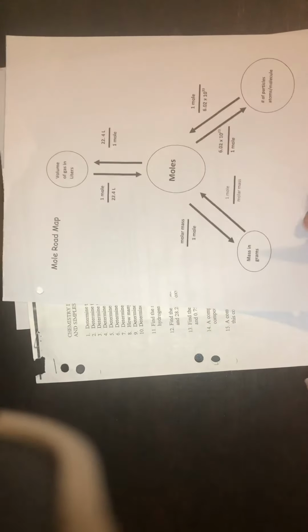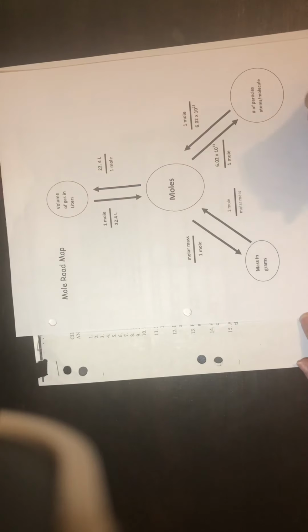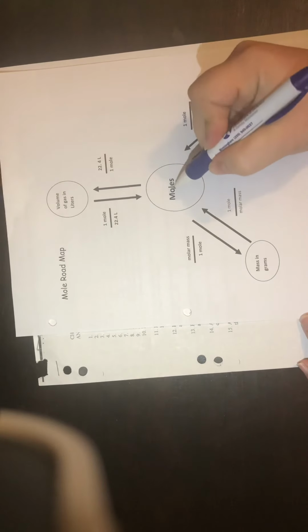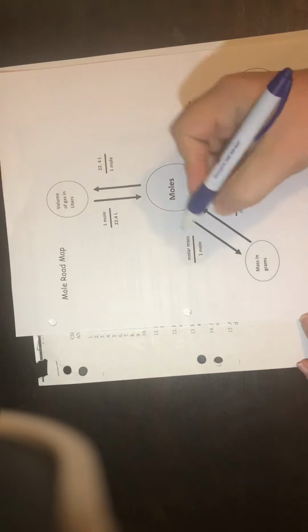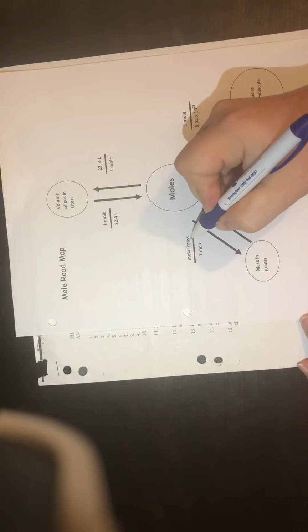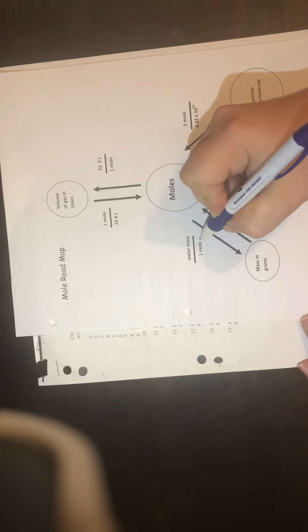So with that being said, you are looking for the number of grams. They are giving you moles. So what you're going to look at on your sheet is we are going from moles to grams. So we'll be using this molar mass over 1 mole.